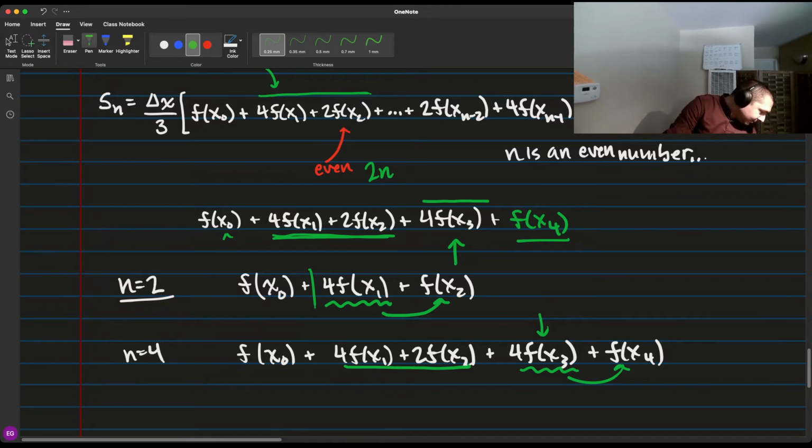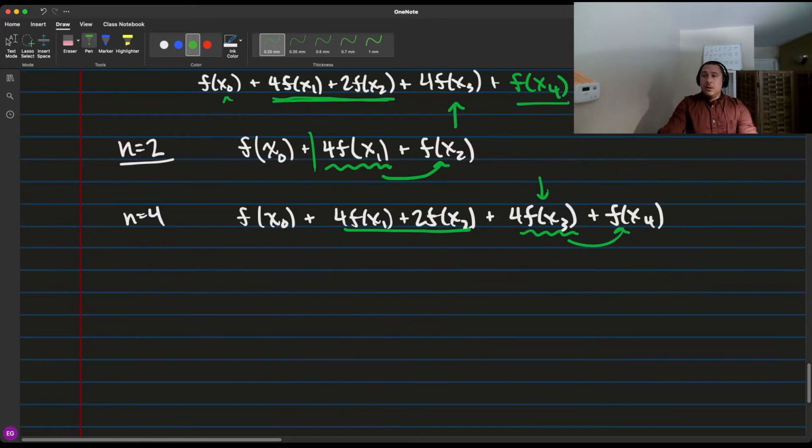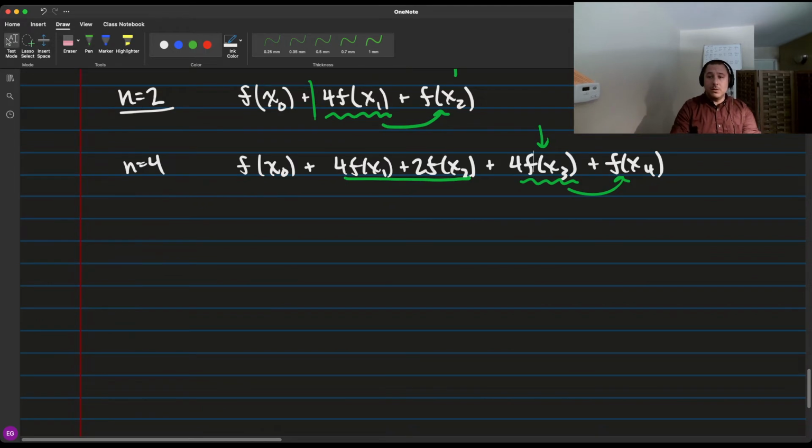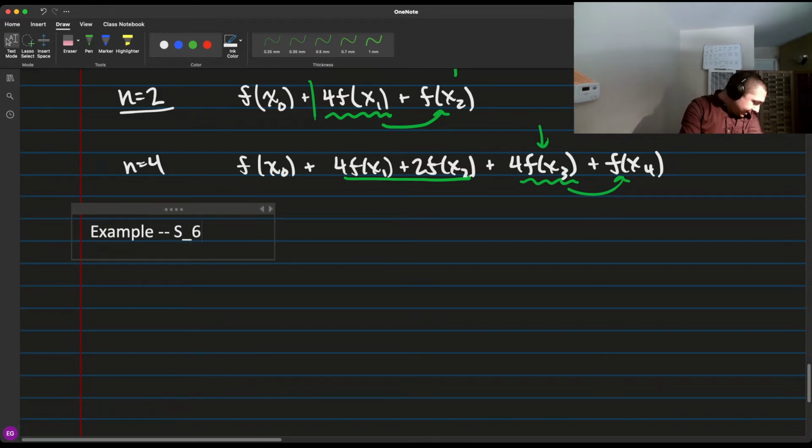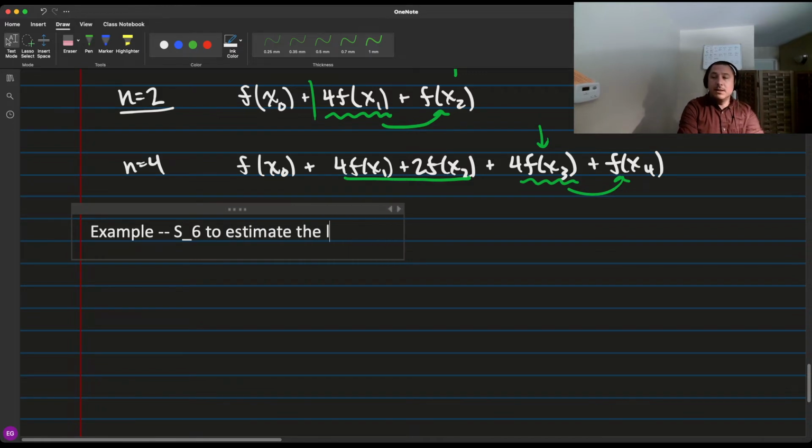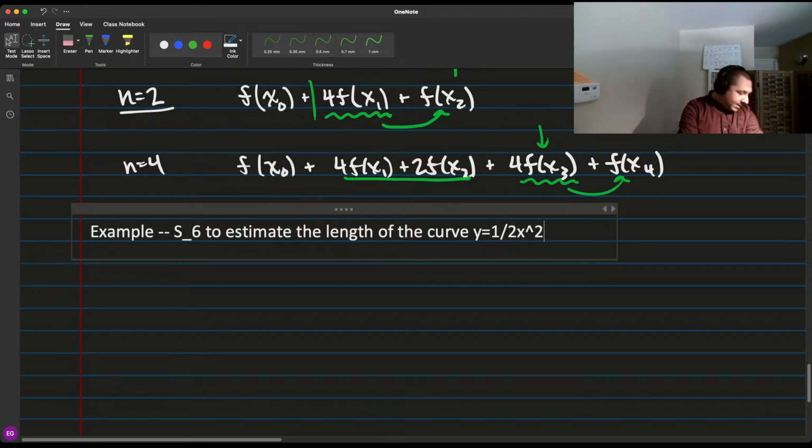Okay, so let's do an example of this. Let's do S6, Simpson's rule with n equal to 6, to estimate the length of the curve, just like last time, y equals 1/2 x squared between x equals 1 and x equals 4.